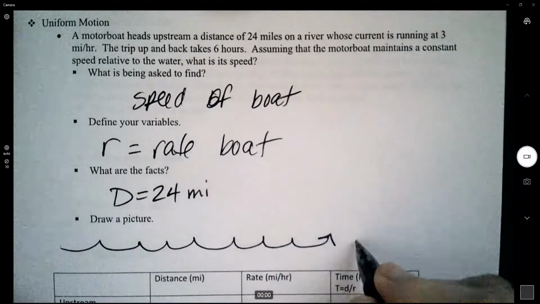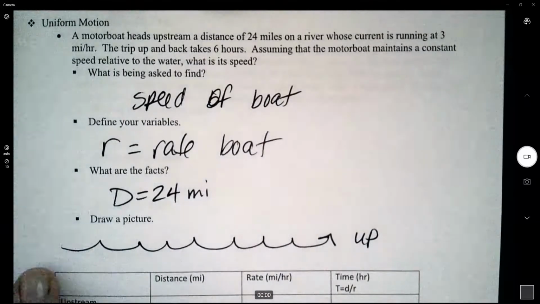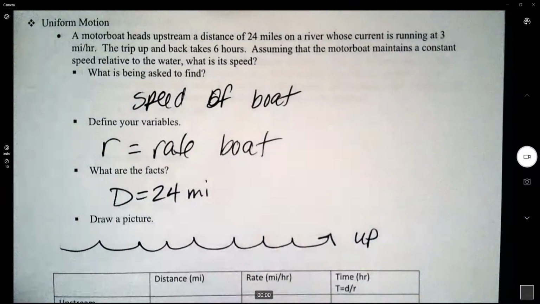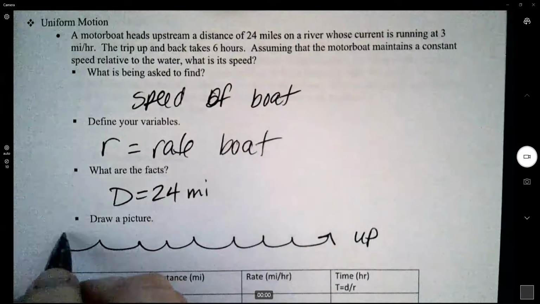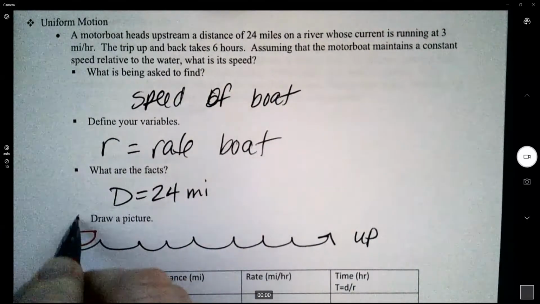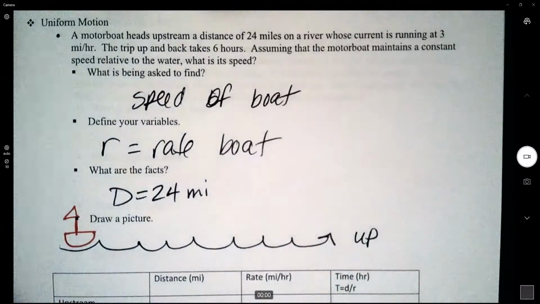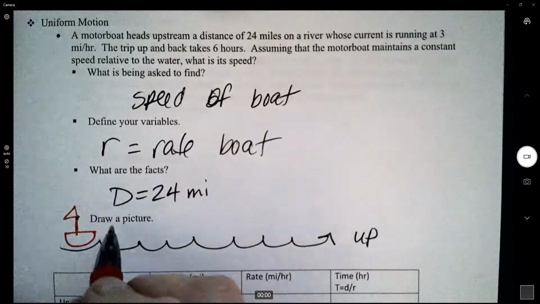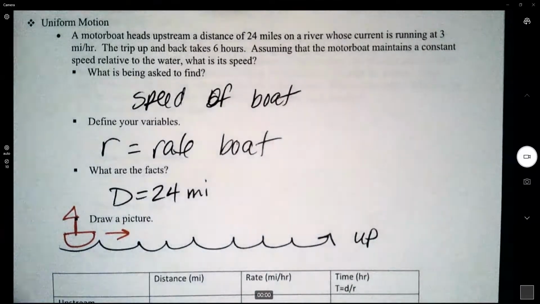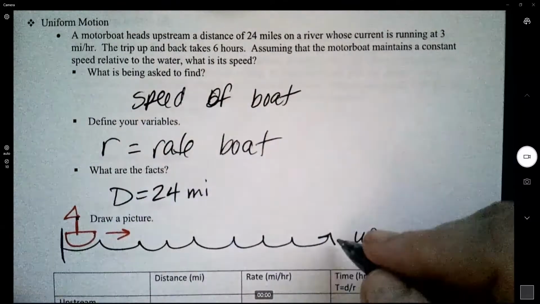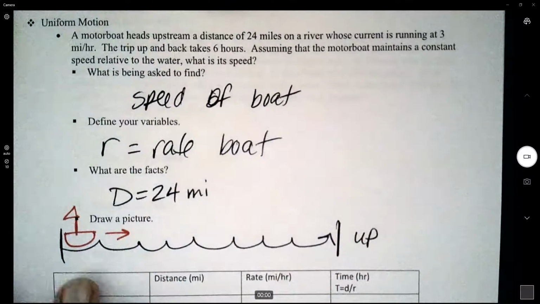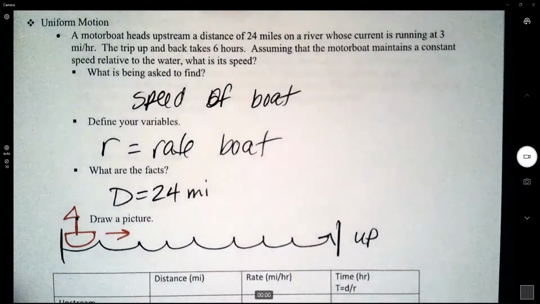This is what we're going to call upstream, meaning the current is helping me upstream. Now, if I'm showing my boat, this is a really rudimentary kind of a boat, and if I show it going upstream with the current, it takes a total of 24 miles to get from here to the end.